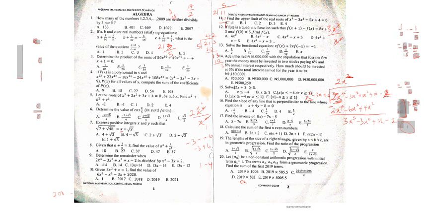So that is plus 3x. If you multiply 3x by x², it will give us 3x³. 3x multiplied by −3x will give us −9x². 3x multiplied by 2 gives us plus 6x.